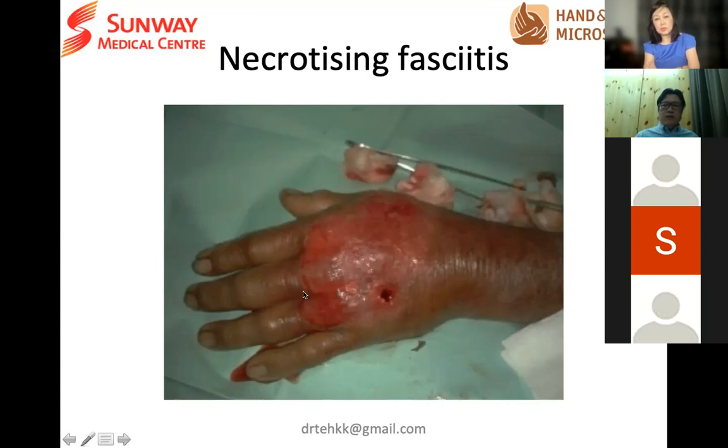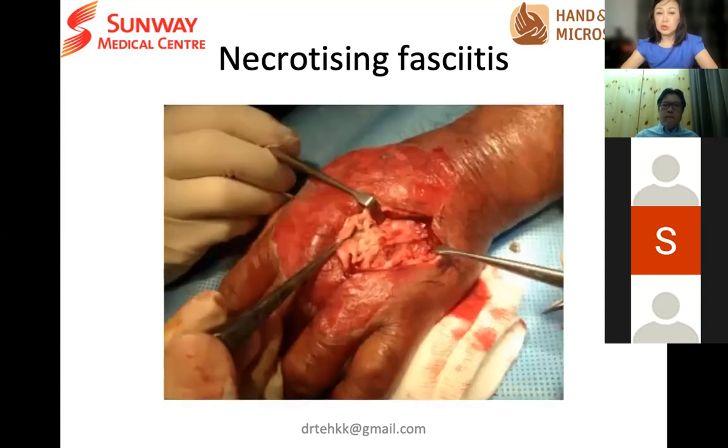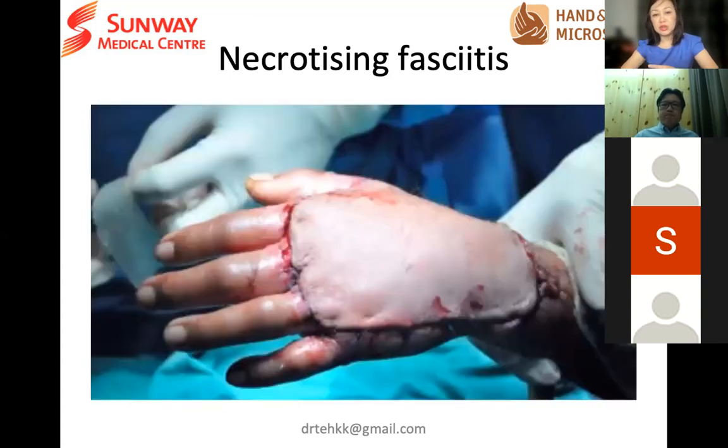So a lot of times it's a small little cut, or of course, if you have a history of diabetes or any immune system problem, then you are more likely to get this type of infection. And most of the time, they are diabetics. But this patient was not. So that's good. So if the infection was treated early, it could have been prevented. Yes, you're right.